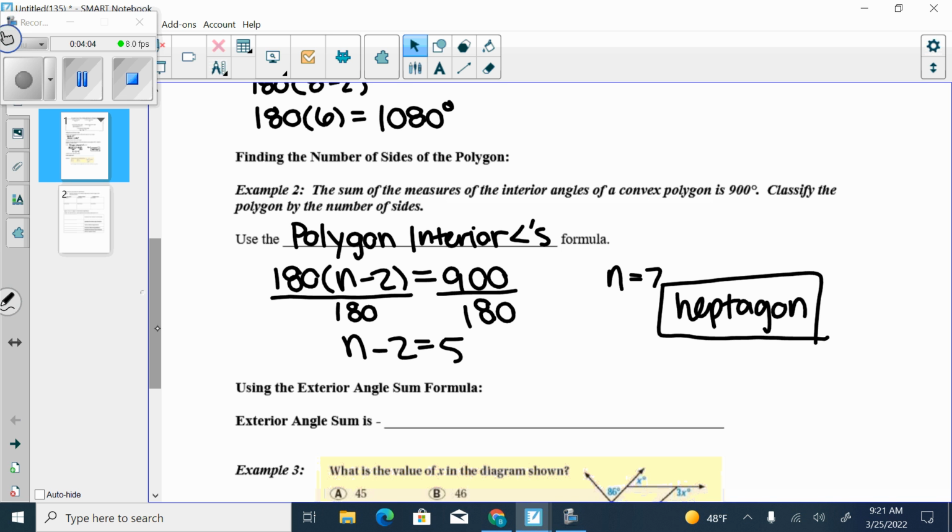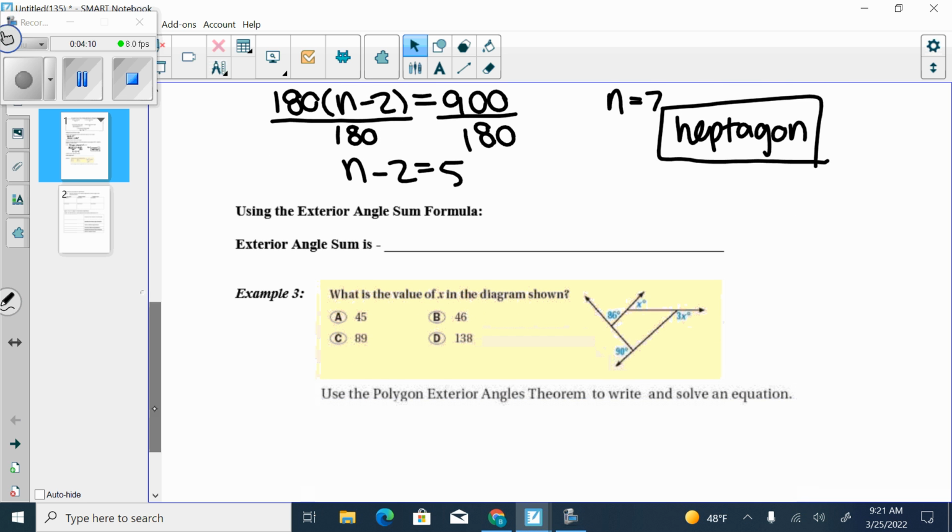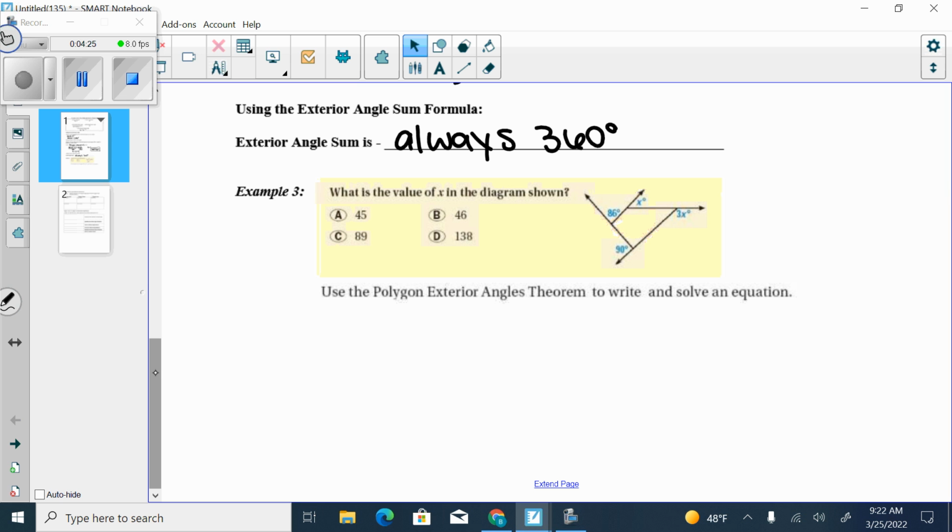Okay, then they have an exterior problem for us. All right, so it says exterior angle sum is always what? Okay. Always 360 degrees. All right. So keeping that in mind, on example 3, they have this drawing where they marked all of the exterior angles on the figure, and they want us to solve for x.